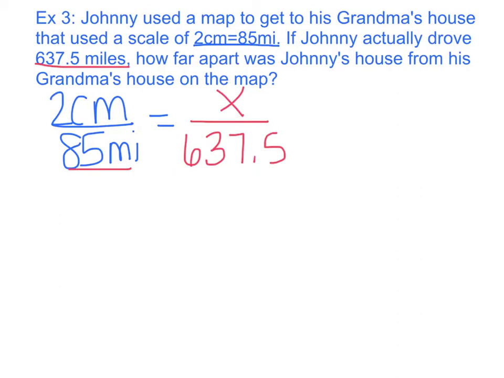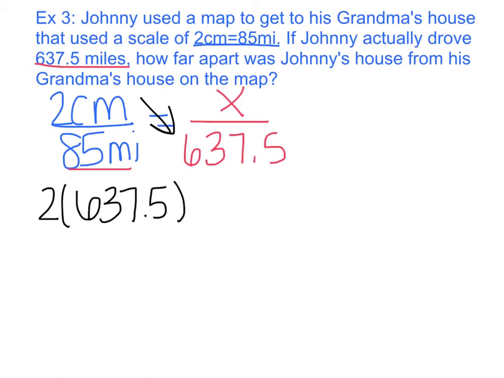So we're trying to figure out, if we looked at it on the map, it's going to be smaller, so we're looking for a smaller number. So we're going to do 2 times 637.5 equals 85 times x.